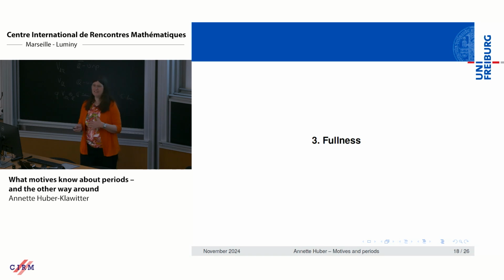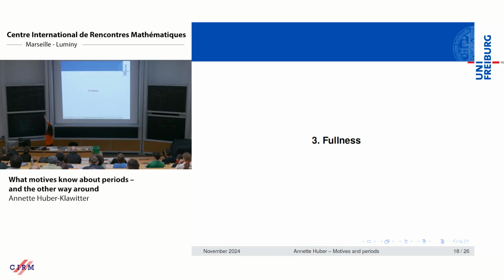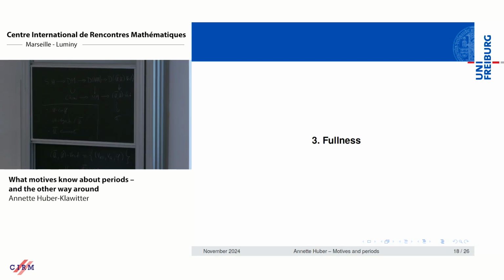So far, what I was discussing was the period conjecture, so what motives make predictions about periods. And now I want to go the other way around. We have this functor from Nori motives to these Hodge-de Rham structures.